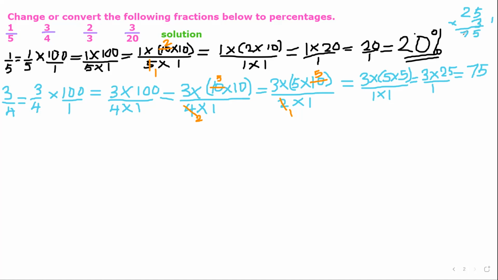Okay, that is why you got 75. So when you multiply the 3 by 25, you get 75. 75 over 1. And therefore, 75 over 1 is the same as 75%. Okay, good.